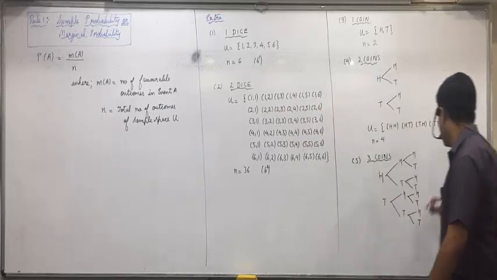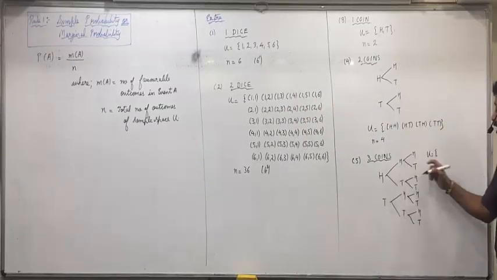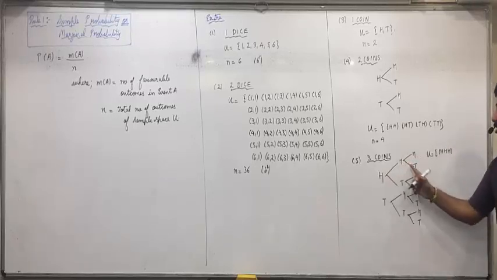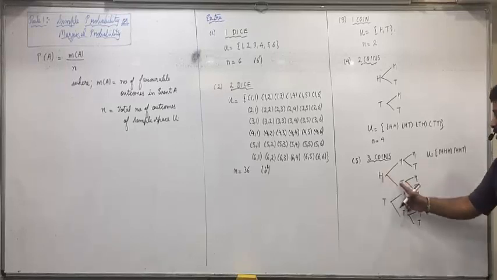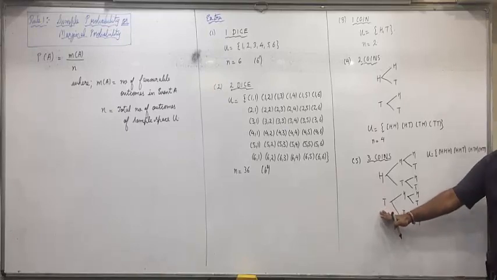So how you get the sample space here, understand it? H, H, H. H, H, T. H, T, H. And H, T, T.